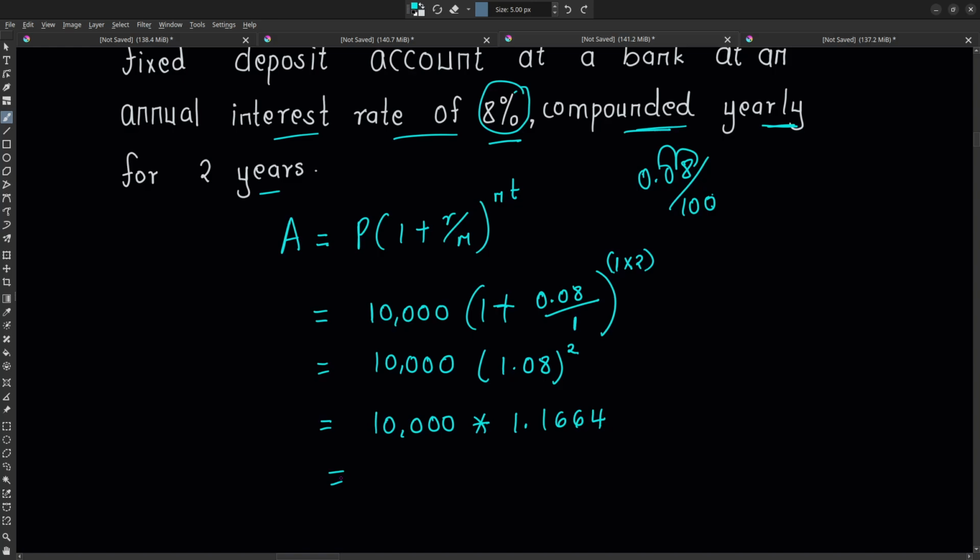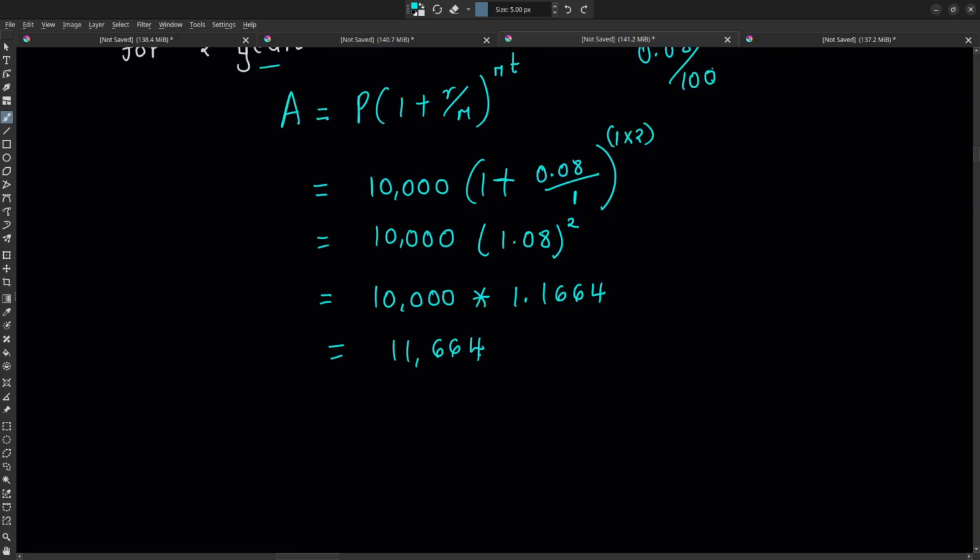When we multiply by 10,000, we are going to get 11,664. This means 10,000 was the deposit that this person invested, and 1,664 is the interest that they have earned during those 2 years.